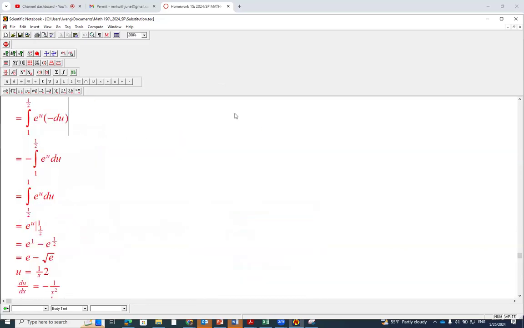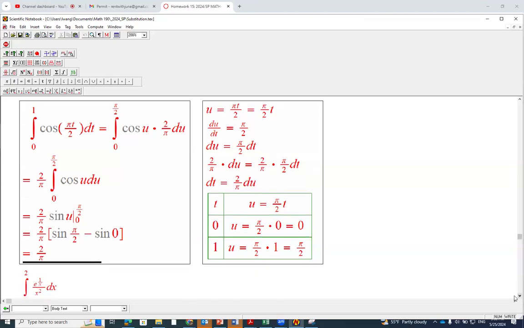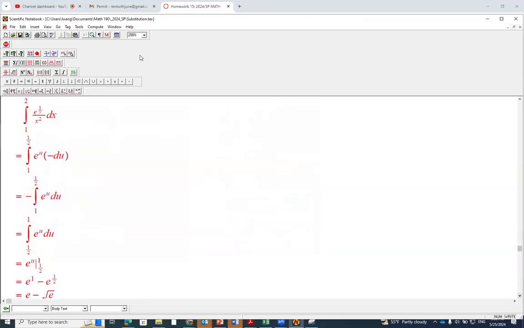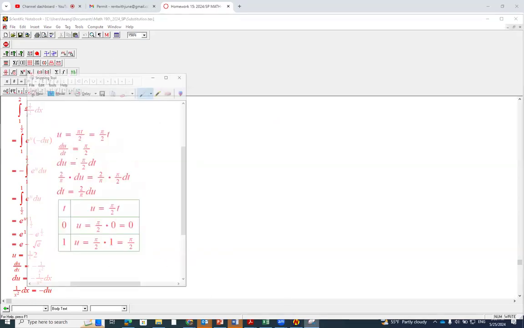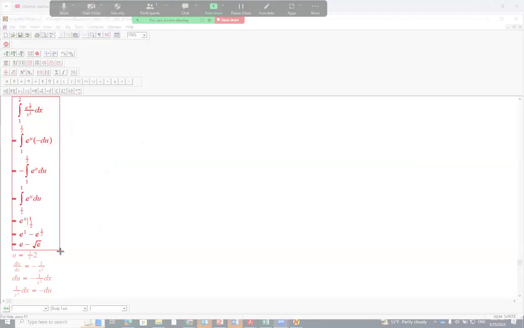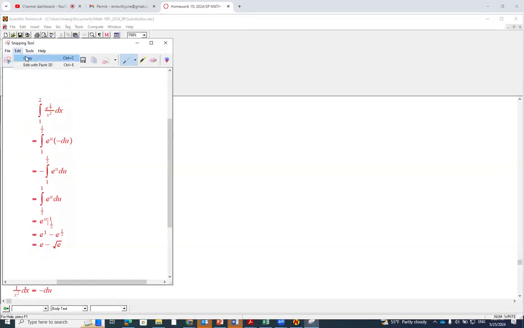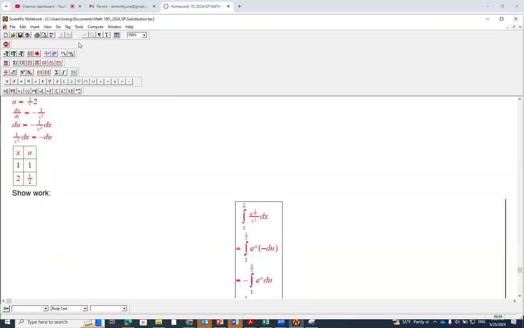I'm going to make the fonts a little bit smaller. Let's do some screenshots. This is the beginning, all the way up here. So you show your work like this. That's one piece.